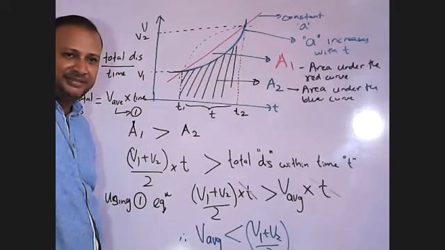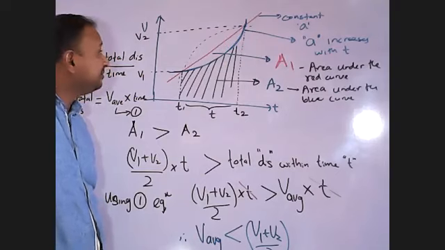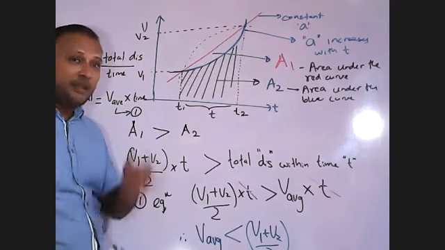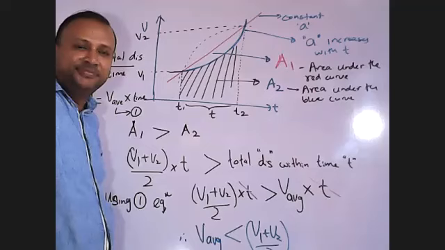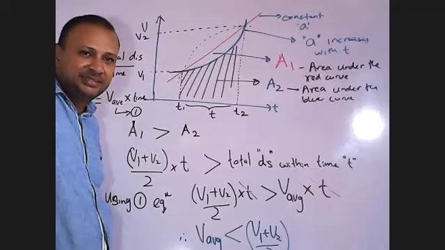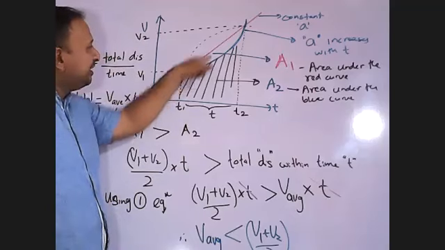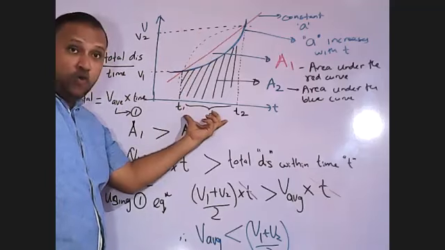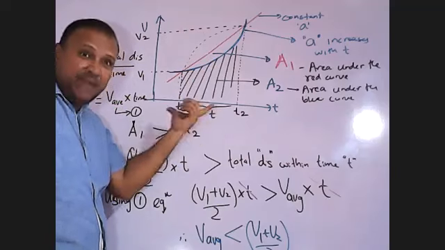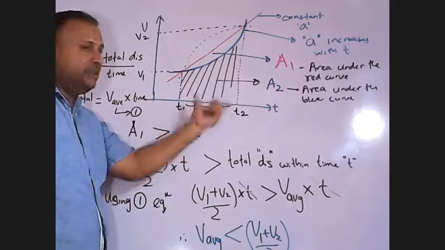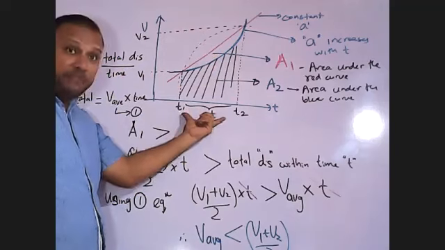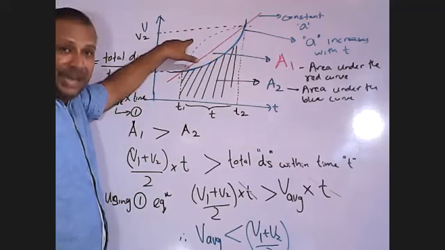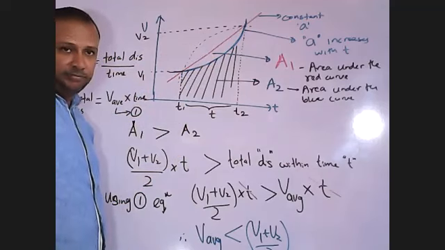Then the average velocity will be higher. So what is the reason? The area under the curve within the same time period is higher in the dotted line than the red one.